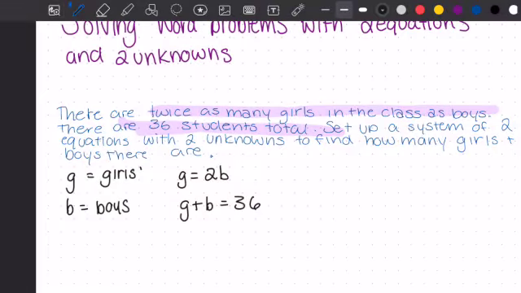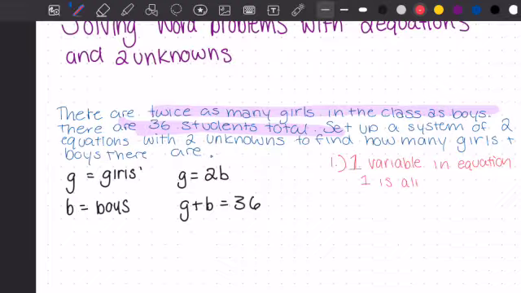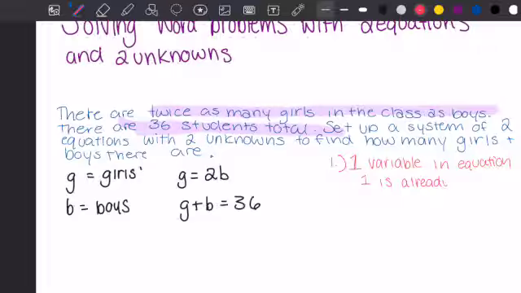Now, this problem is a great problem to use substitution for. The reason that we want to use substitution, there's a couple reasons. One, one variable in equation 1 is already by itself.